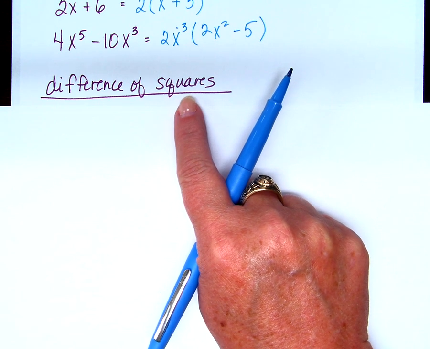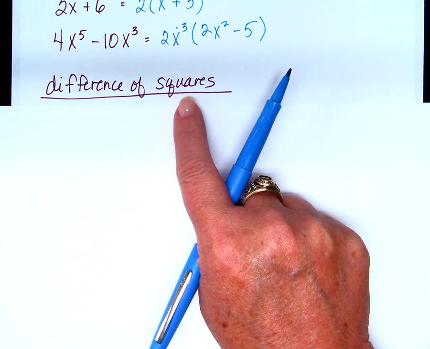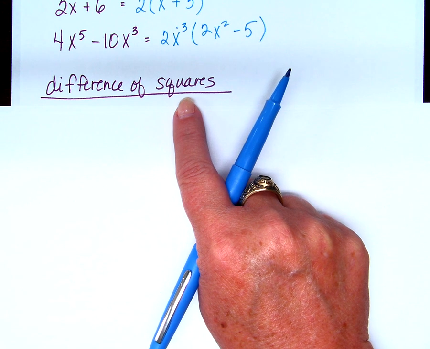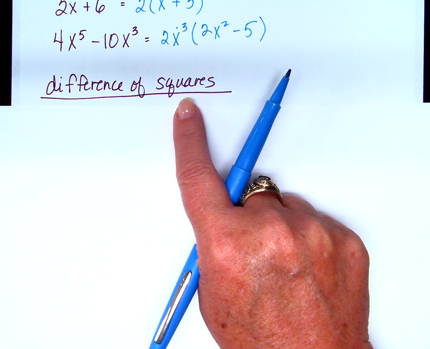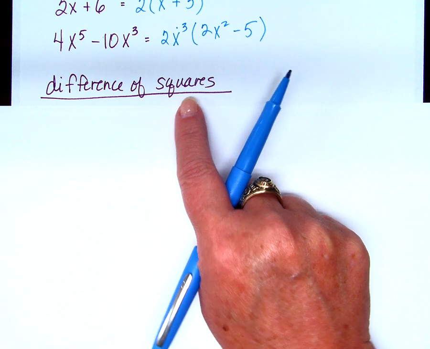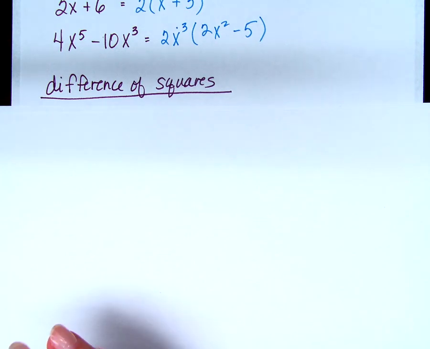No. Can you give me an example of a square? 4, 9, 16, 25, 36. What? A number that I can take the square root of, right? That's called a squared number.